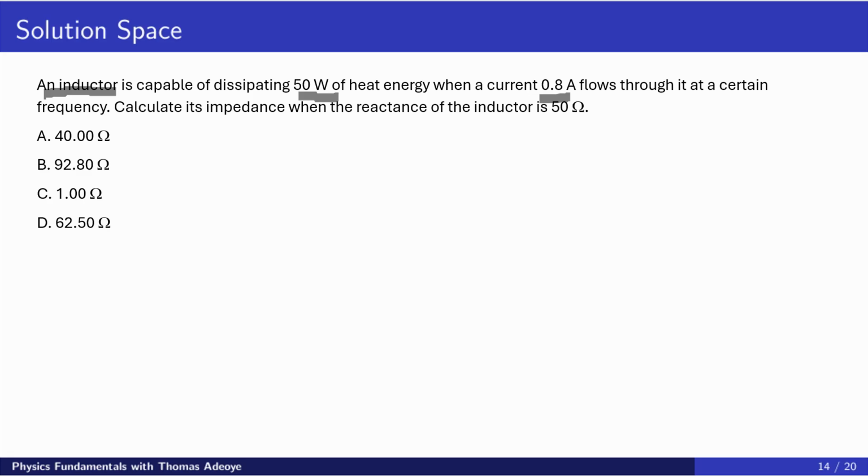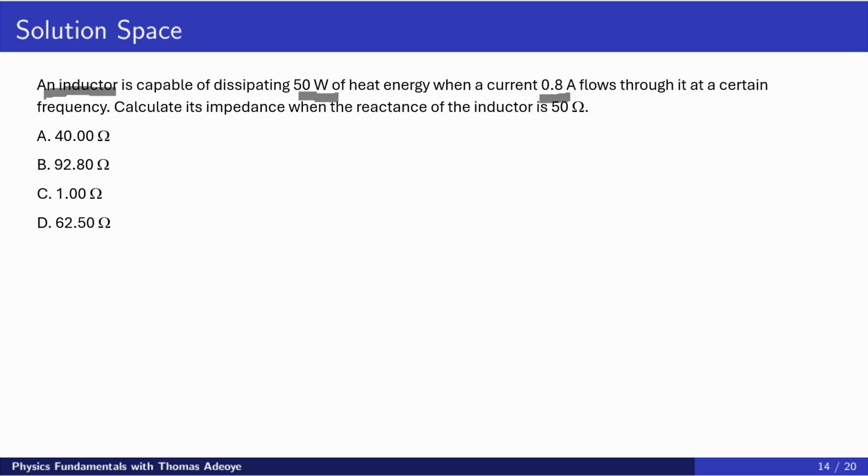Calculate the impedance when the reactance of the inductor is 50 ohms. I'll just tell you where it's coming from and what to use. Whenever you have a question which involves an inductor and a resistor, like in this question, we have an inductor.